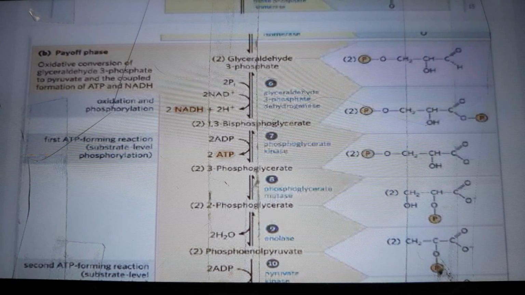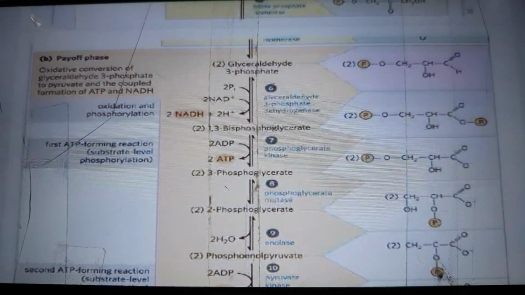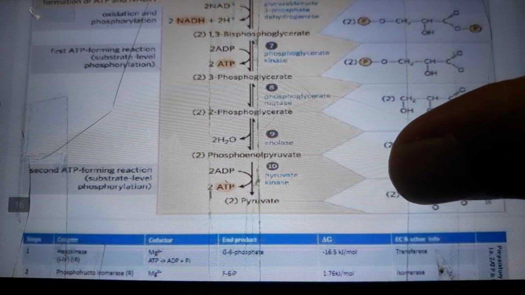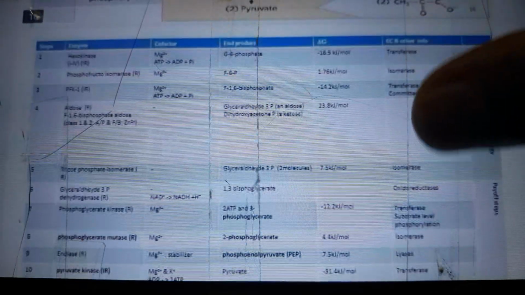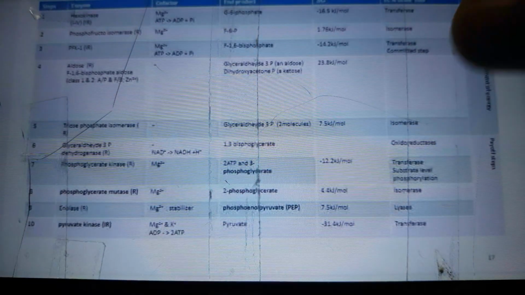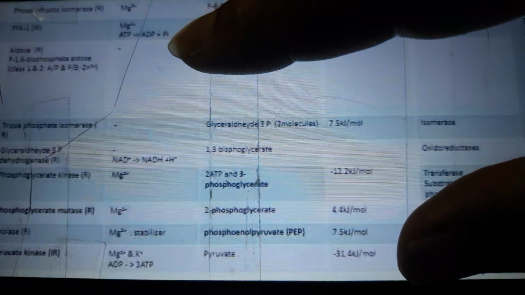glyceraldehyde 3-phosphate, which is the payoff phase: oxidative conversion of glyceraldehyde 3-phosphate to pyruvate, and the coupled formation of ATP and NADH. So the entire thing is an illustrative lesson today. So make a note of each screenshot and study them constantly, and you should be okay, right? And that's it about that depiction there. Then this is the next one, I'm just magnifying it for you.